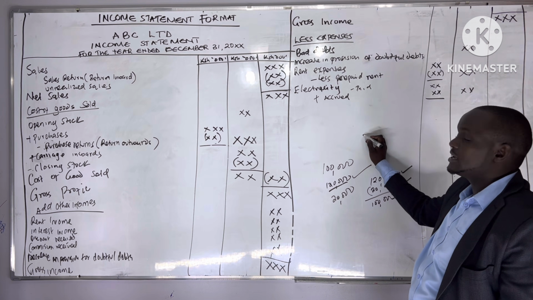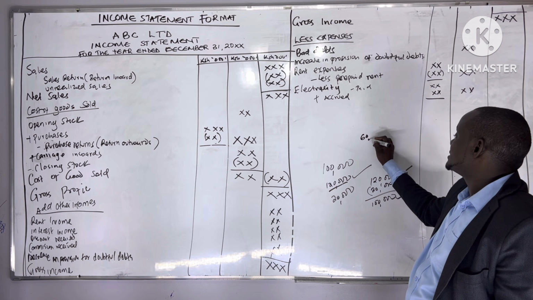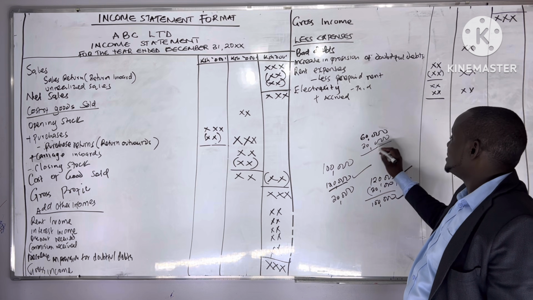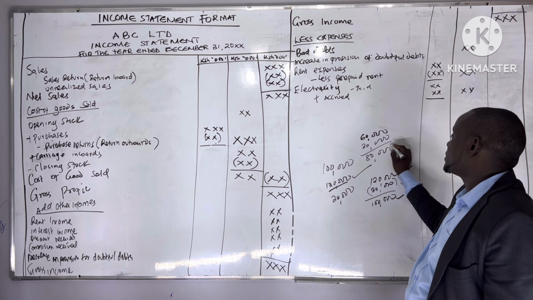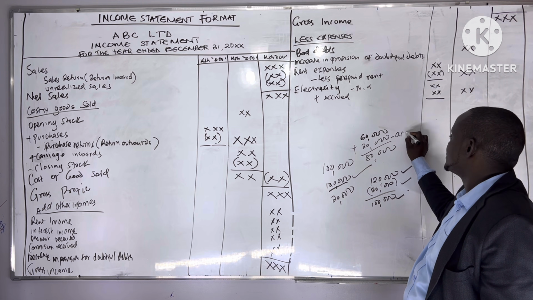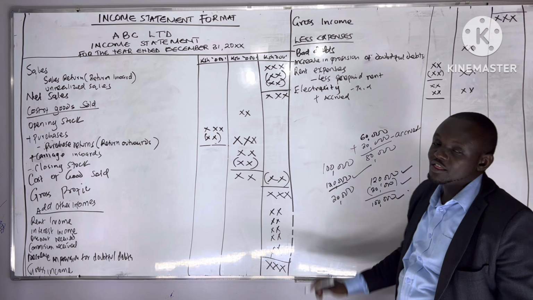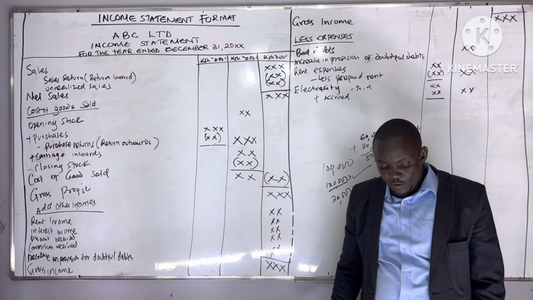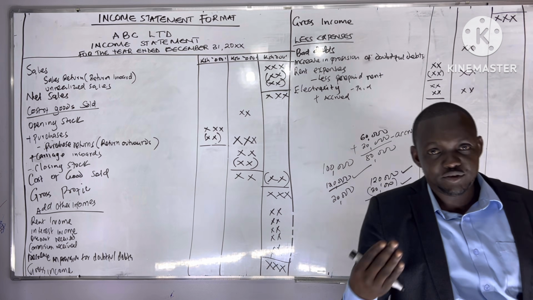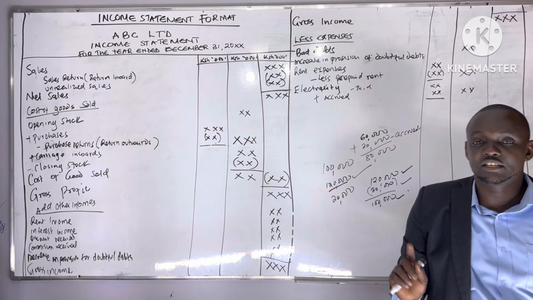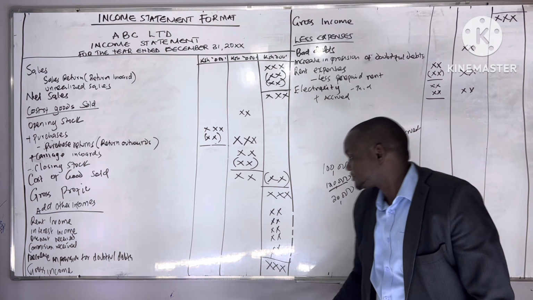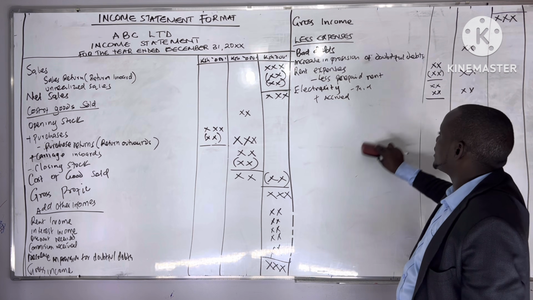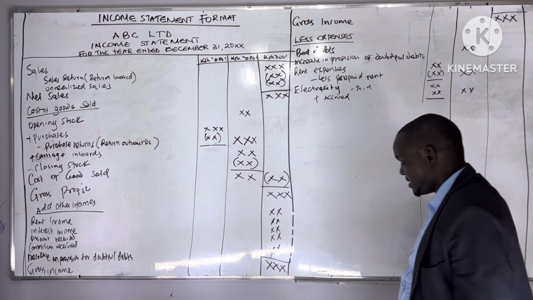For instance, you paid 60,000, but you still have a bill of 20,000. That means your total bill for electricity was what? You add the accrued. Accrued expenses are those expenses that have not been paid fully. So for you to know the total bill for a certain period, you must add what has not been paid. Let's continue. So that is about accruals and prepayments.